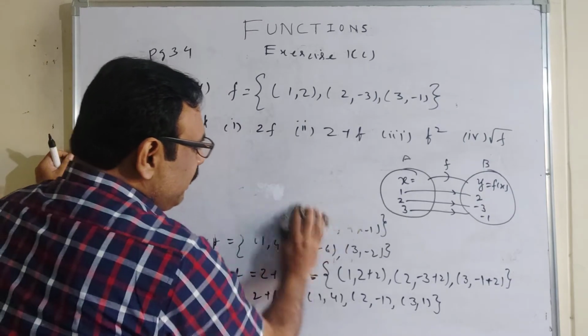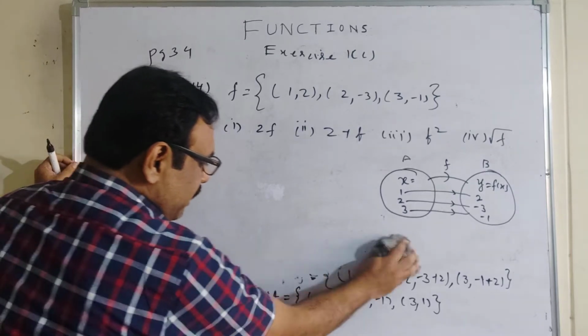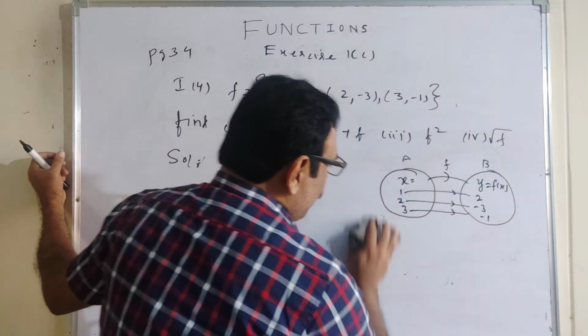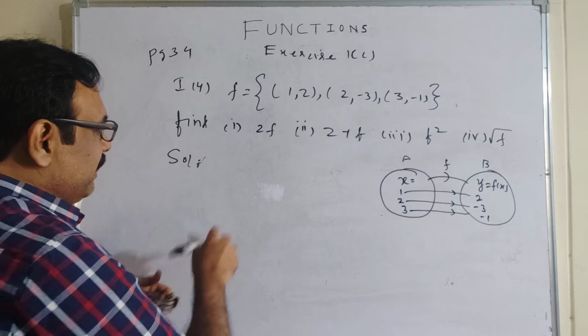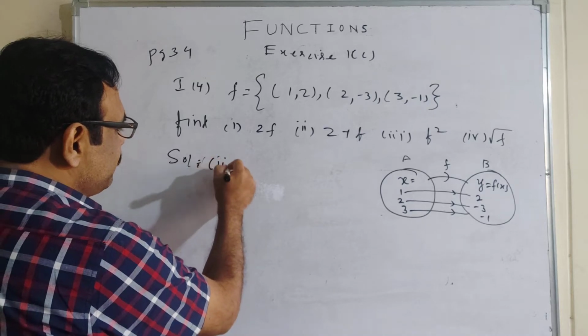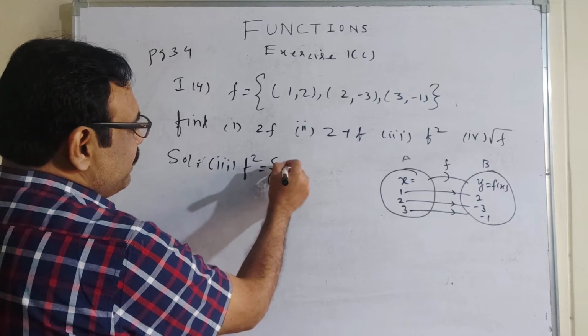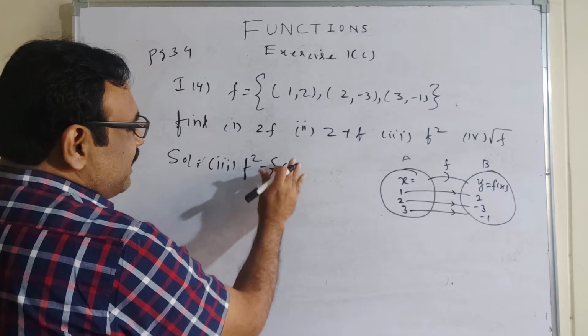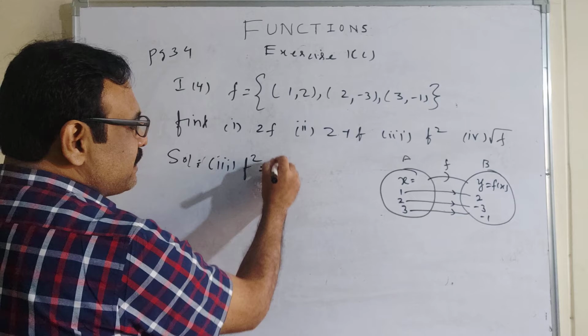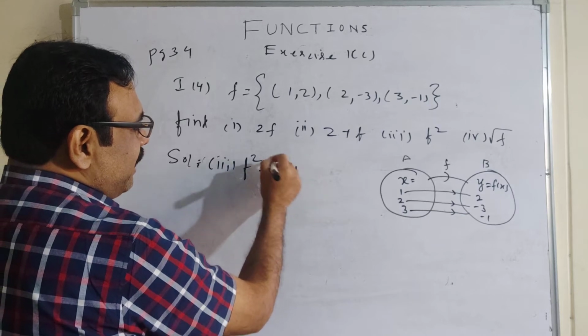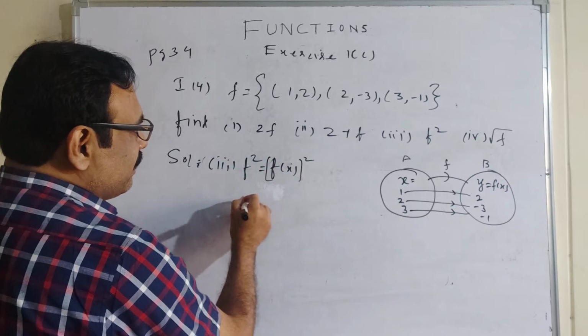Now, in these 2 bits, what I am trying to do is, first, what do you mean by f square? Now here I am executing, this is going to be the third part, this is f square. F square in the sense, you are going to write precisely f of x and this is whole square.